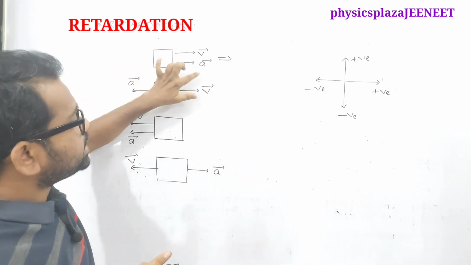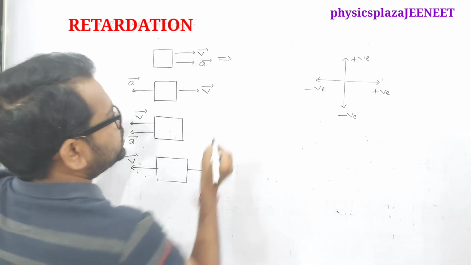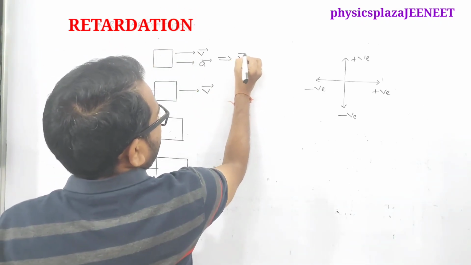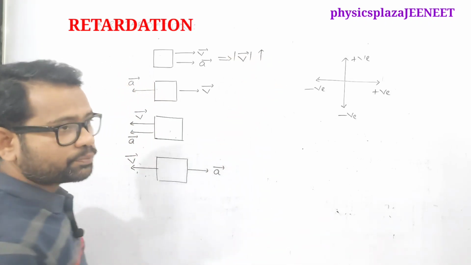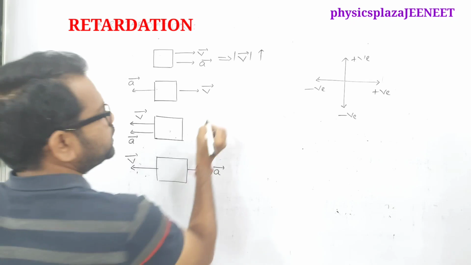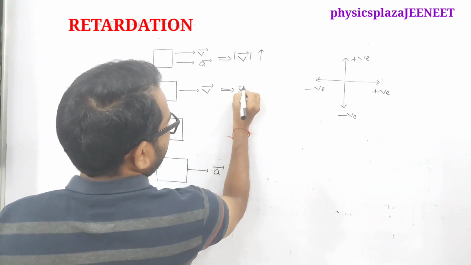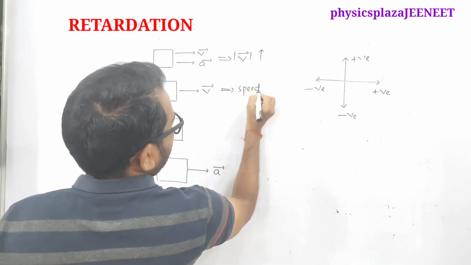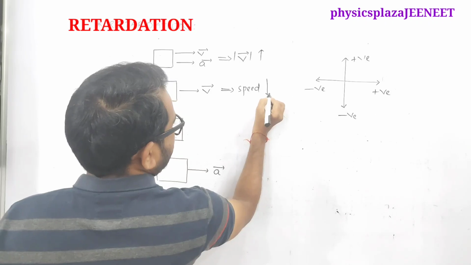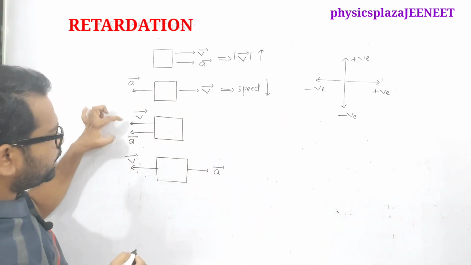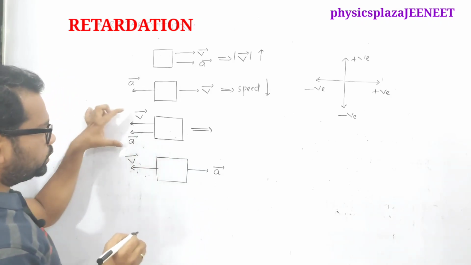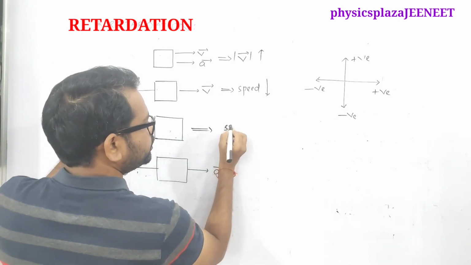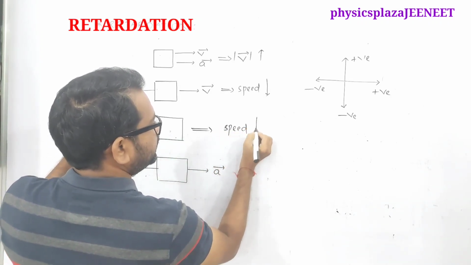We discussed already: when acceleration is parallel to the velocity, the magnitude of the speed increases. When acceleration is anti-parallel to the direction of velocity, the speed decreases. Here acceleration is in the direction of motion, both in the same direction, so the speed increases.